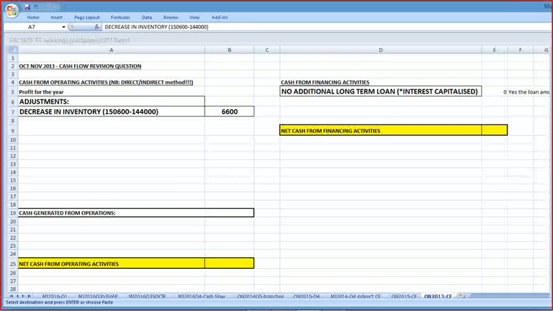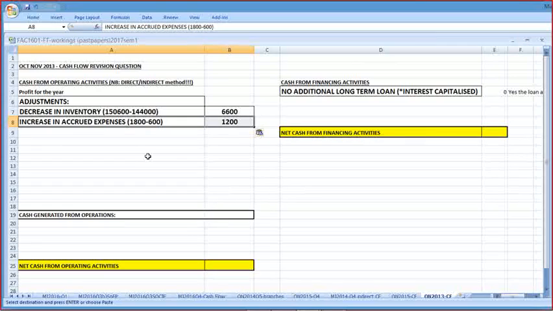Inflow or outflow? Outflow. Are you sure? Salaries will decrease your amount, so won't it be an outflow? Remember, this is an increase in a liability, which would lead to an inflow because you haven't paid.